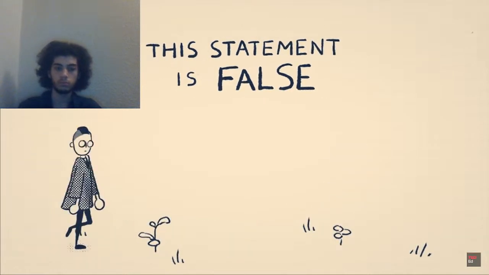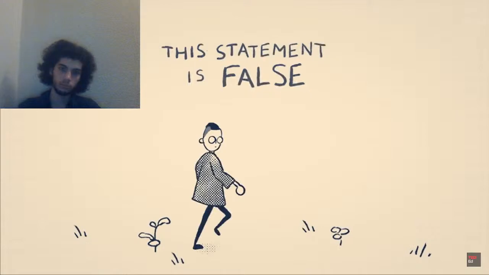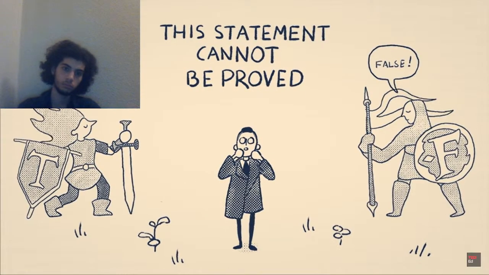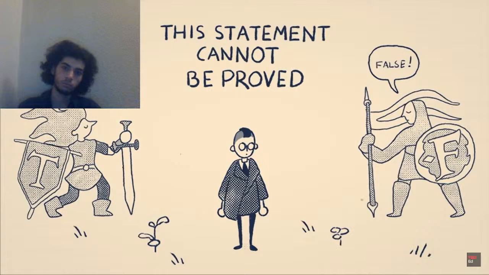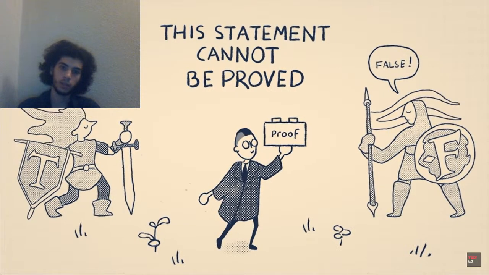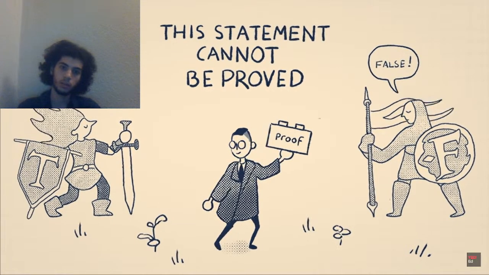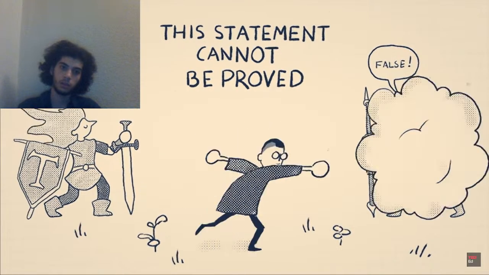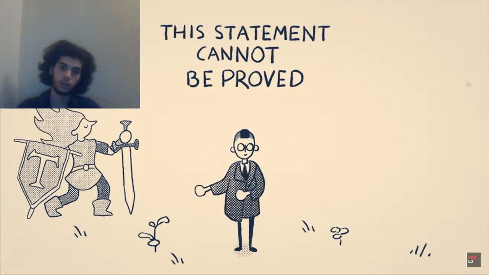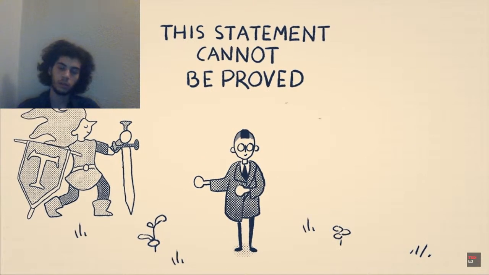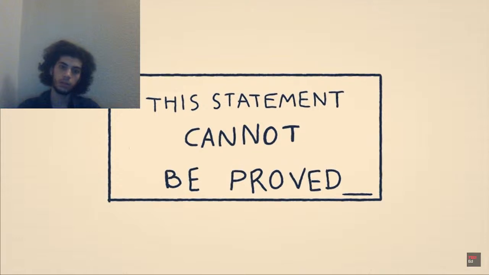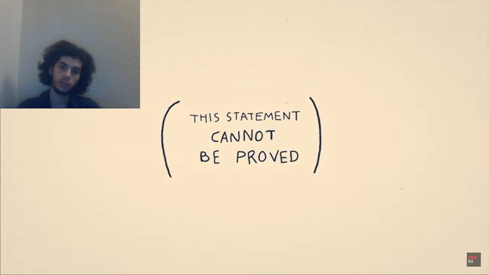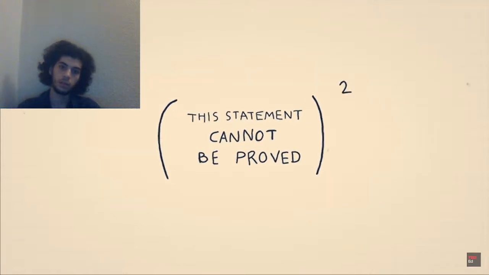However, unlike the ambiguous sentence that inspired him, mathematical statements must be true or false. So, which is it? If it's false, that means the statement does have a proof. But if a mathematical statement has a proof, then it must be true. This contradiction means that Gödel's statement can't be false, and therefore, it must be true that this statement cannot be proved.